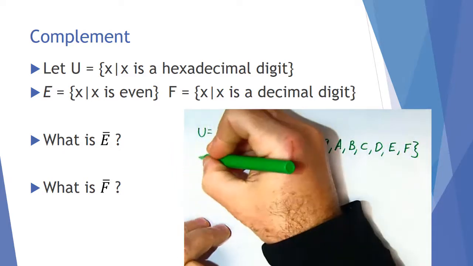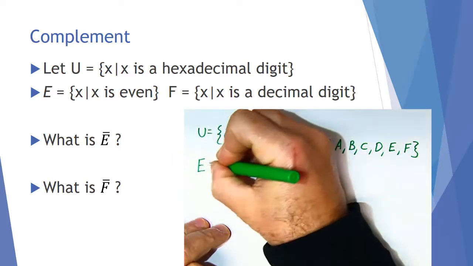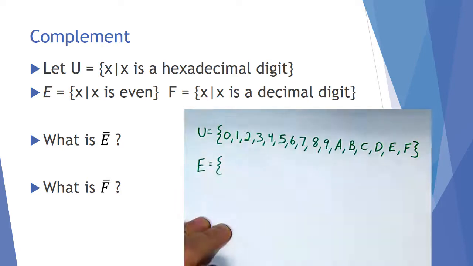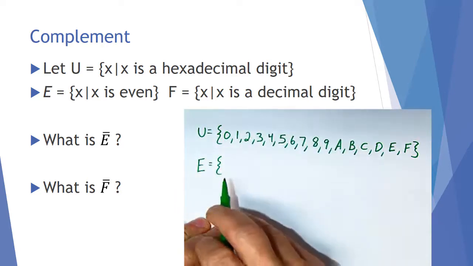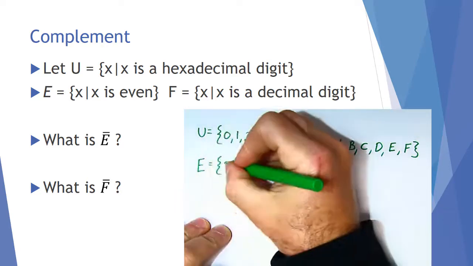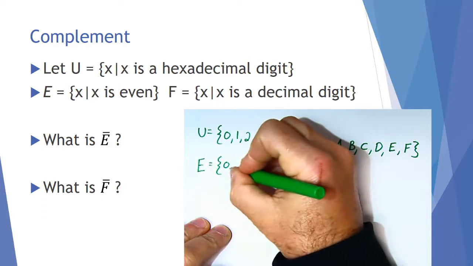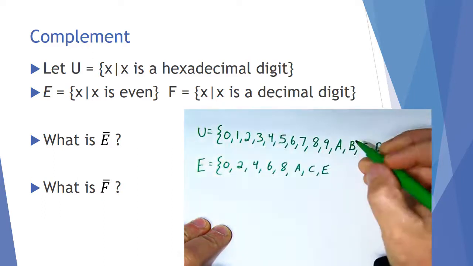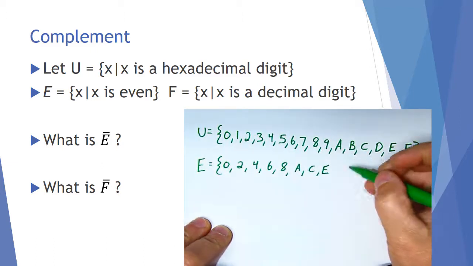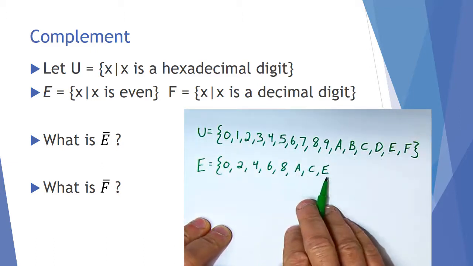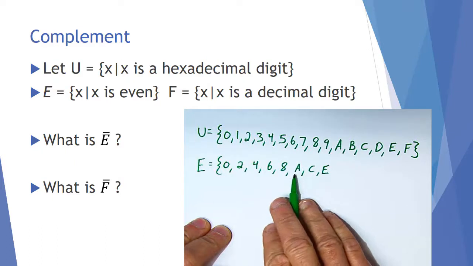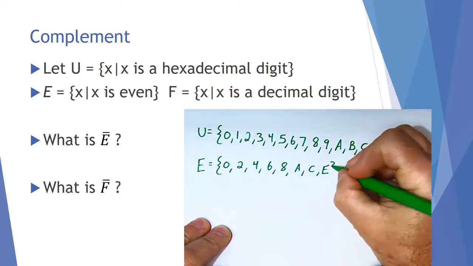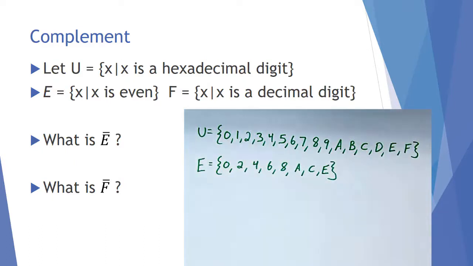The set E consists of all of the even digits that are inside of our universe. So we always consider 0 to be an even number. So the even numbers will consist of 0, 2, of course, 4, 6, 8, and A, C, and E since they represent 10, 12, and 14. And there's our even digits.